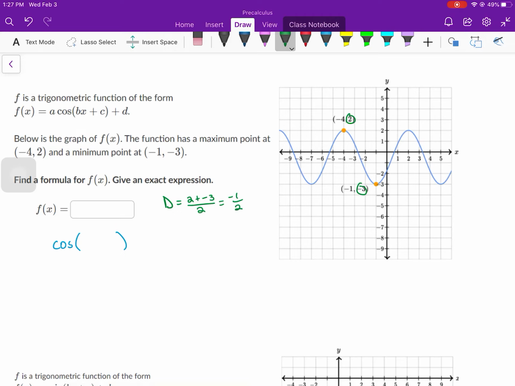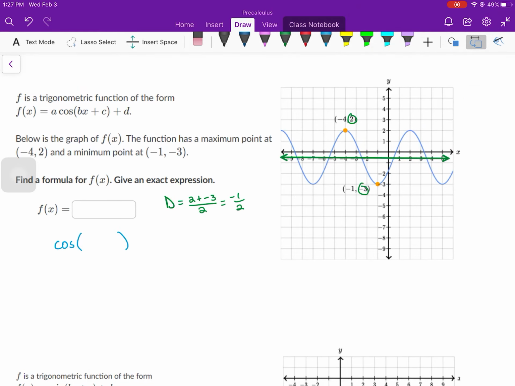And I get -1/2, and that makes sense. Let me just draw that right there at -1/2. That would be the midline. So we're going to put plus, or not plus, it's minus. It's shifted down 1/2. -1/2. So the amplitude is our distance to that midline.